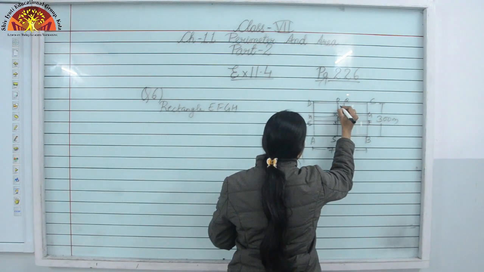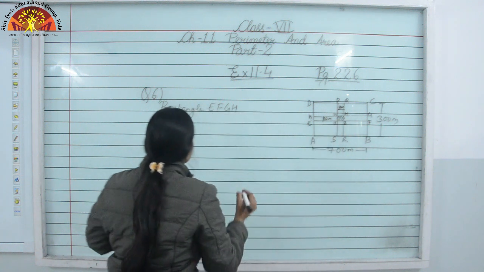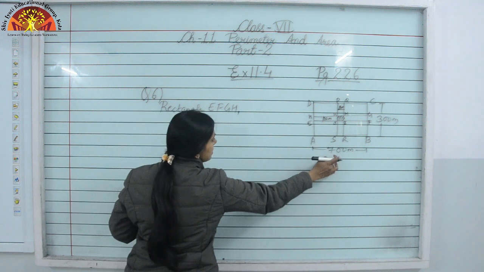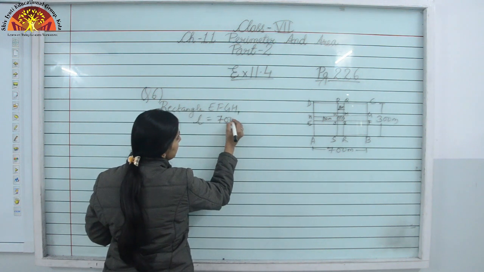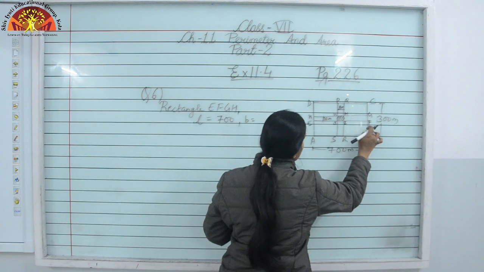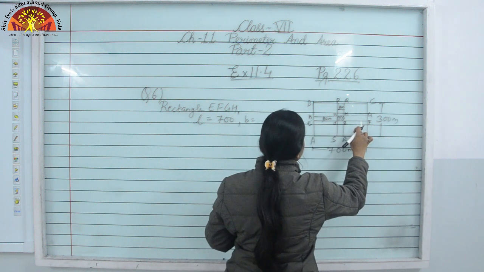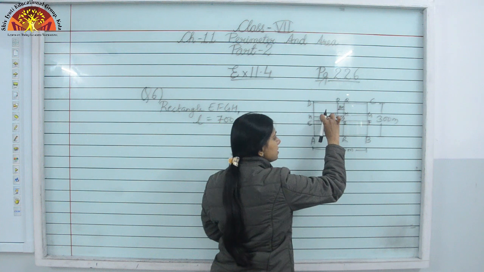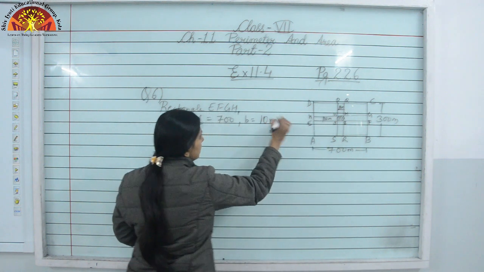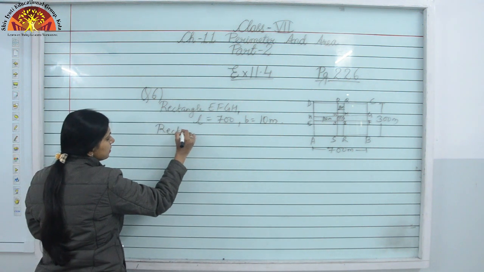So length कितनी है यहाँ पे, length AB is equal to EF which is equal to 700, and the breadth, that is the width of the cross road, is equal to 10 meters. Now we'll just talk about rectangle PQRS.